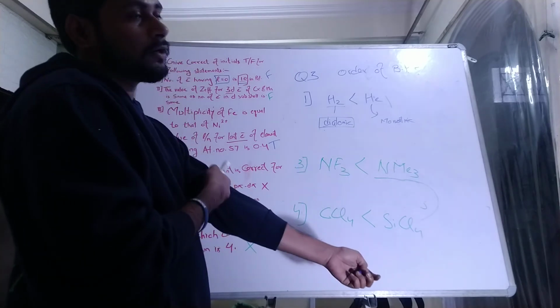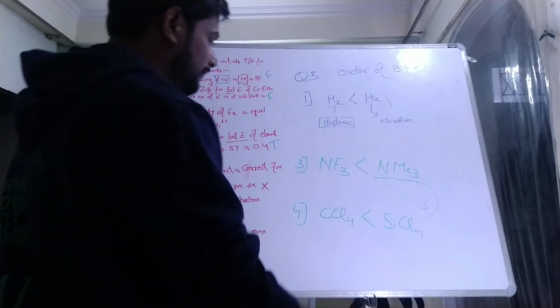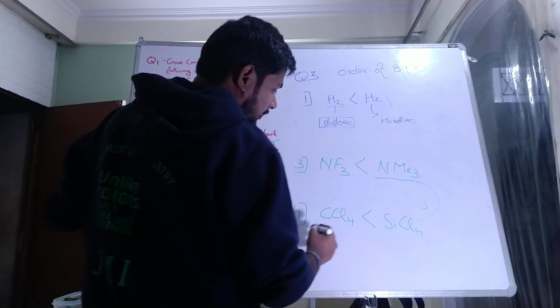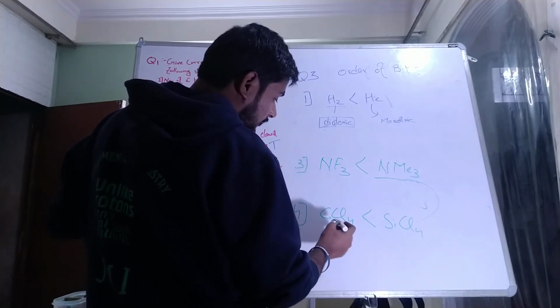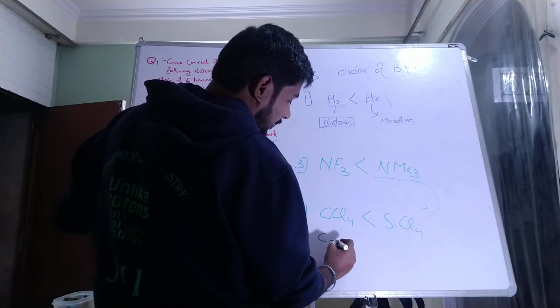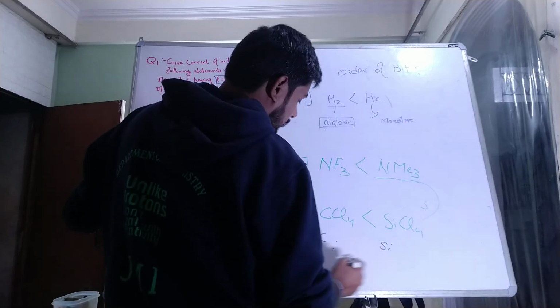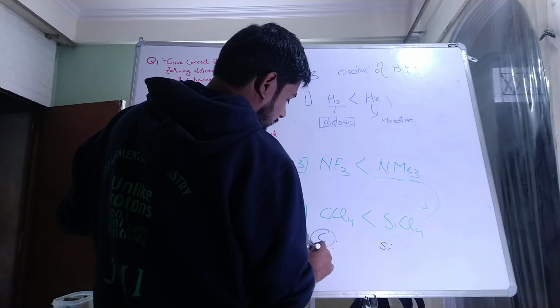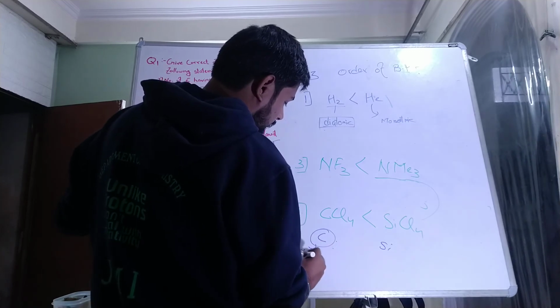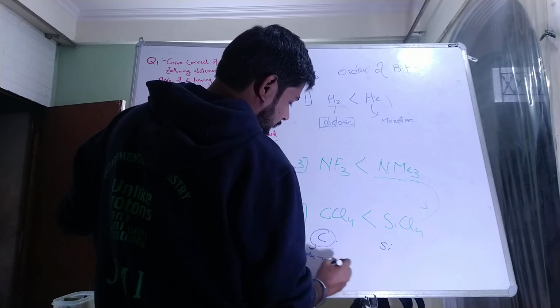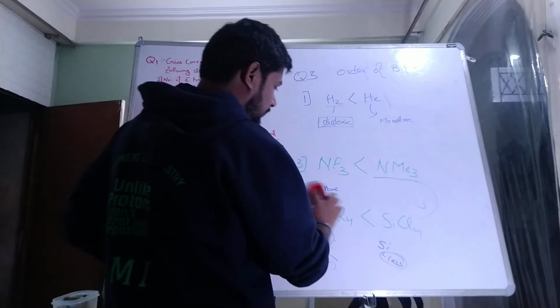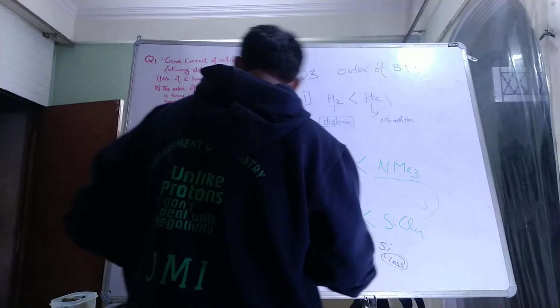We know that chlorine is very electronegative, and if we compare the electronegativity of carbon and silicon, carbon will be more electronegative.